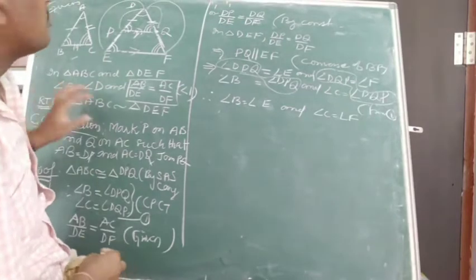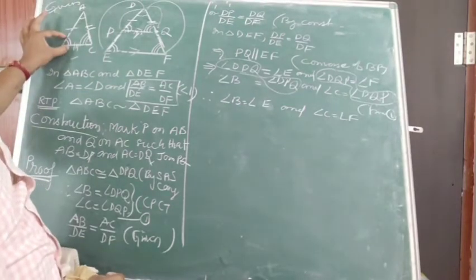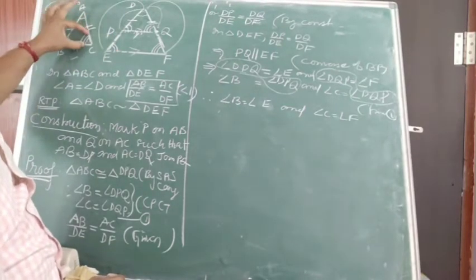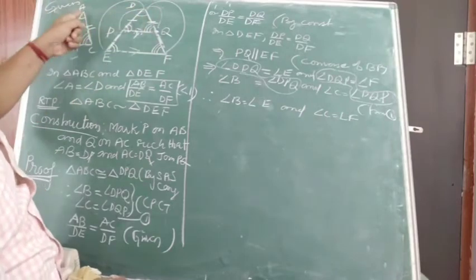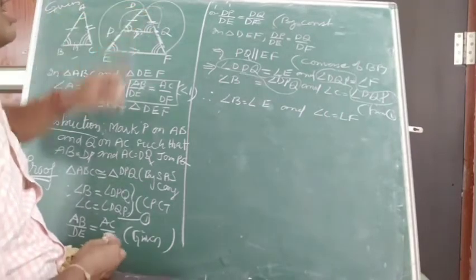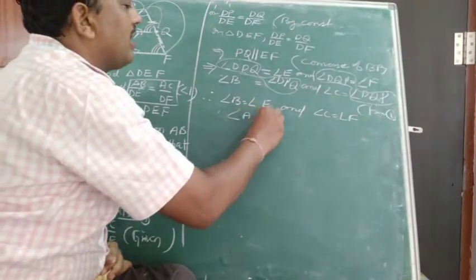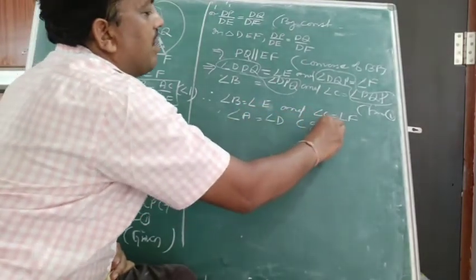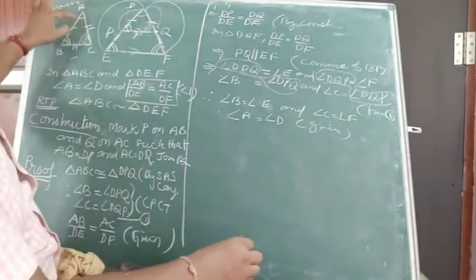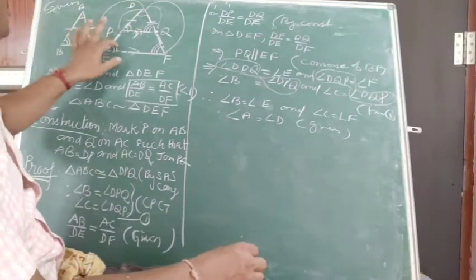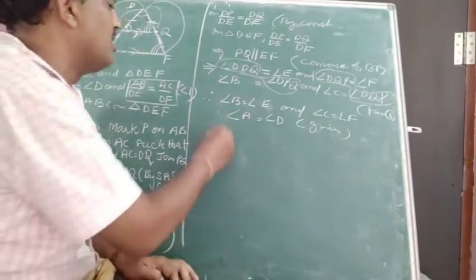Now see, what are we able to prove, children? This angle is equal to this angle. This angle is equal to this angle. Already given that angle A is equal to angle D. So see, children, all three angles of these two triangles are equal.